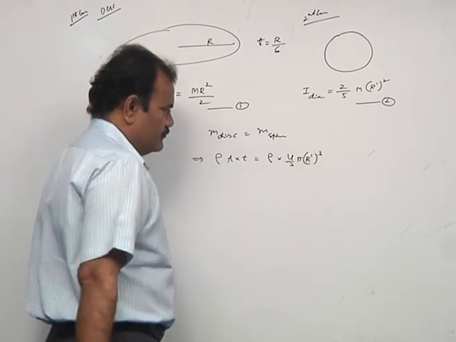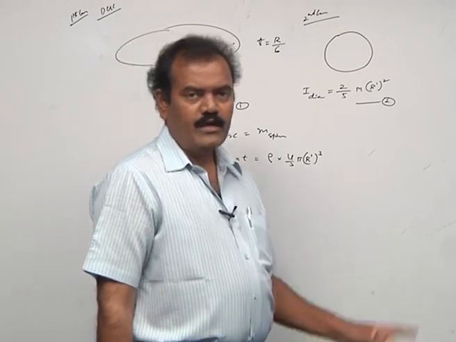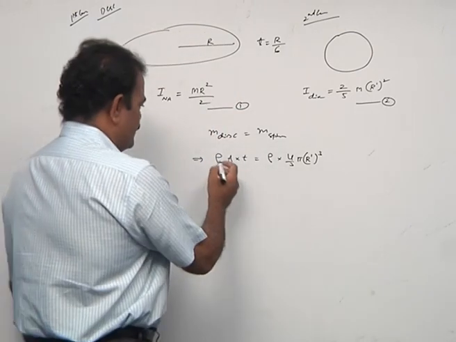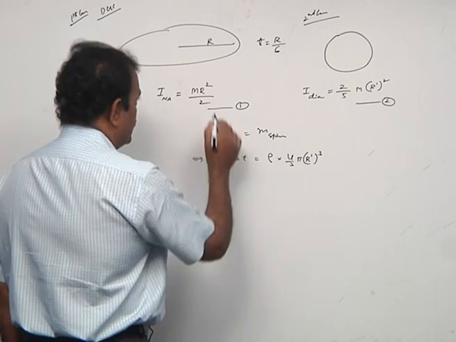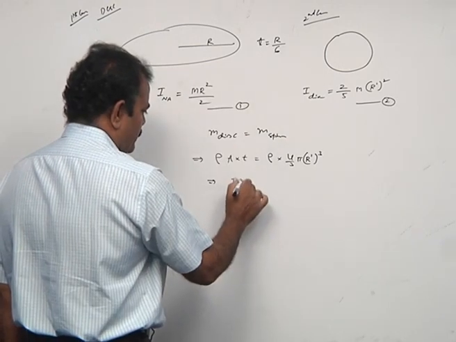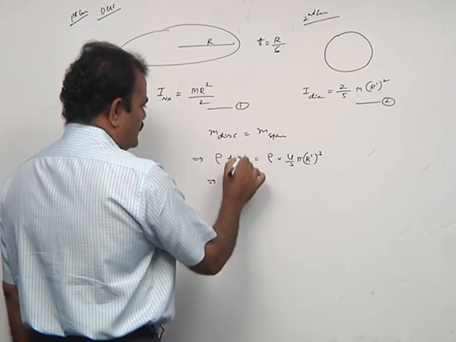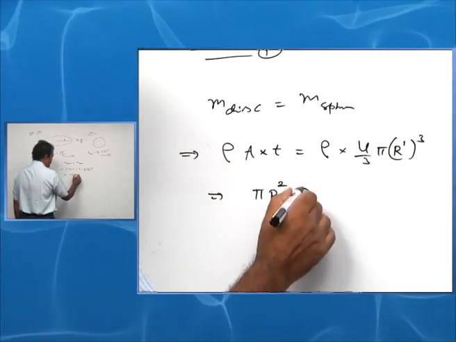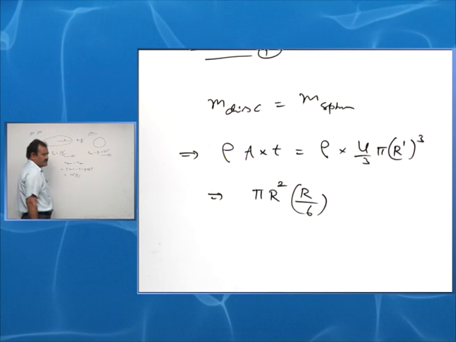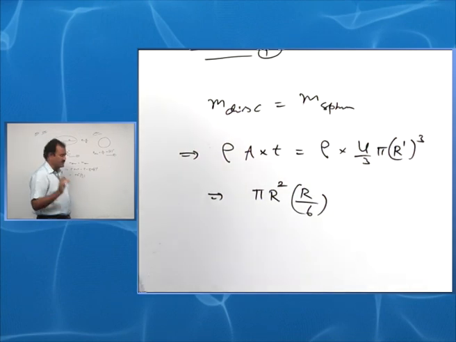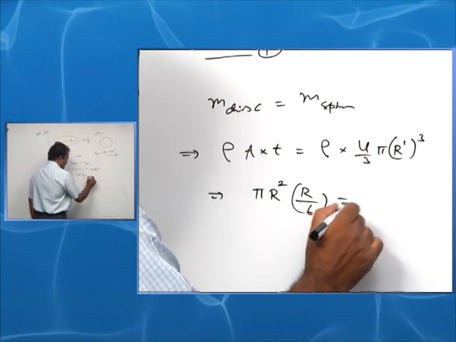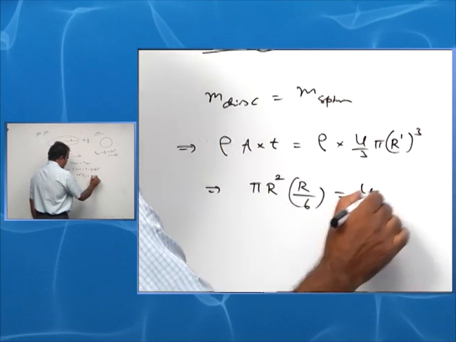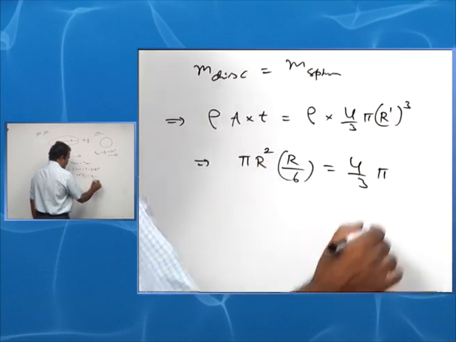So rho will be cancelled, and in place of the area we take pi r square, and thickness is r by 6. Area into thickness gives the volume of the disk. So pi r square into r by 6, and thereafter 4/3 pi r dash cube.